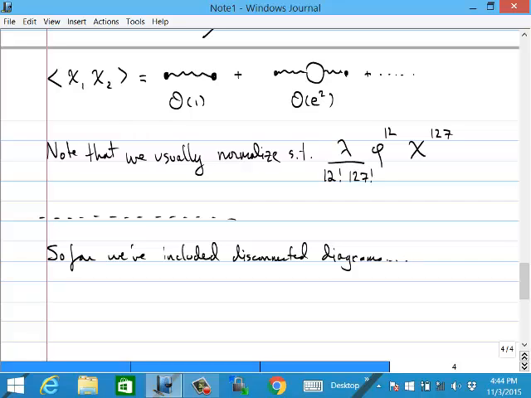But it turns out that if all we care about is computing correlation functions, one can actually completely reduce the problem just to the consideration of connected diagrams.